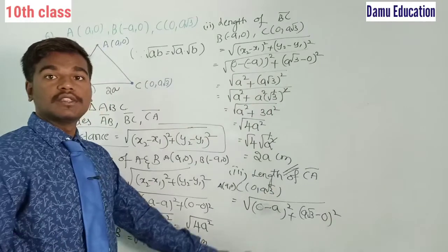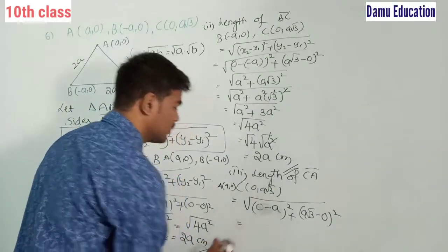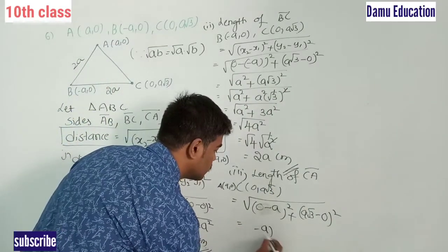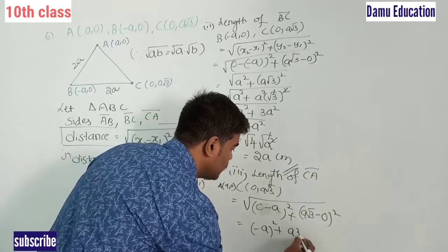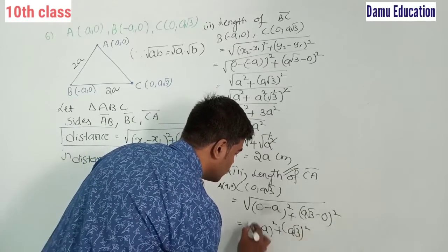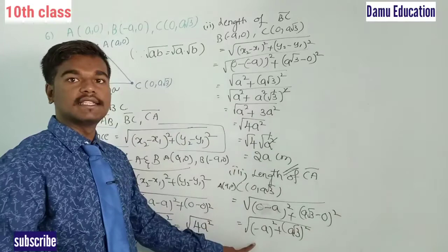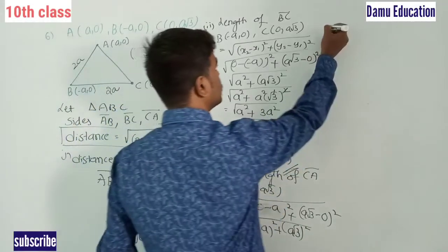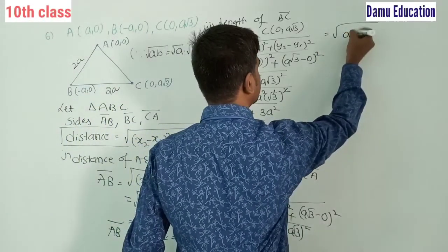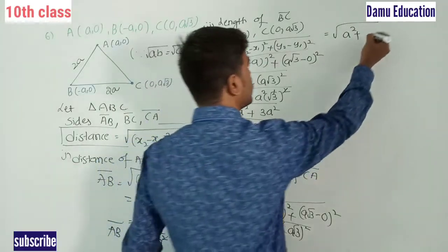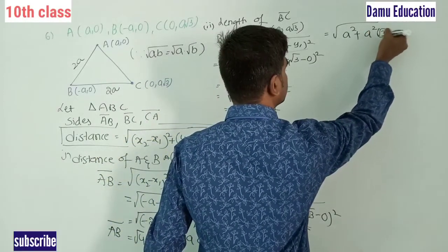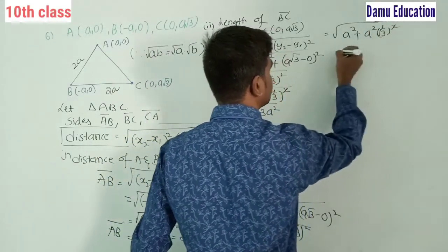Sorry for that. So here we get minus a whole square plus (a root 3) whole square. Let's divide this as minus into minus. So the square root of a square plus a square root 3 square. The square root will cancel like the previous one.